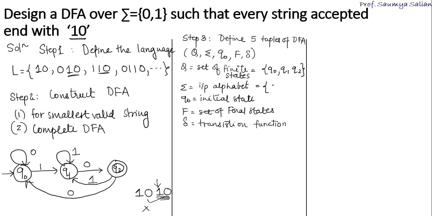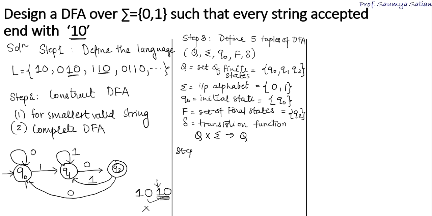Sigma is the input alphabet set that is 0, 1. Q0 is the initial state which is Q0. What about F? We have only one final state, that is Q2. And the transition function, which is Q cross sigma, corresponds to Q.